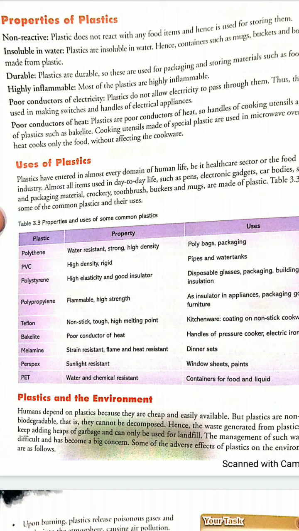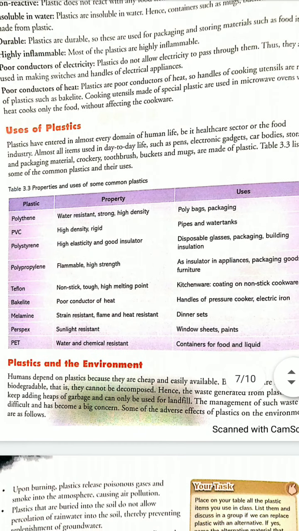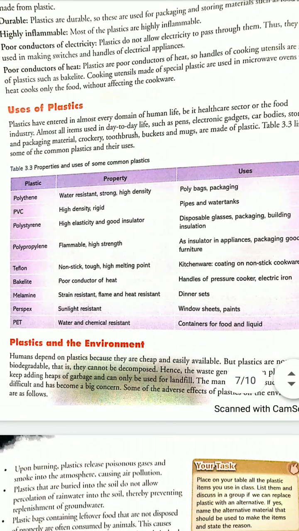They are poor conductors of electricity also. Therefore they are used to make the switches and many electric appliances, and they are poor conductors of heat, so they are used for making the handles of cooking utensils.